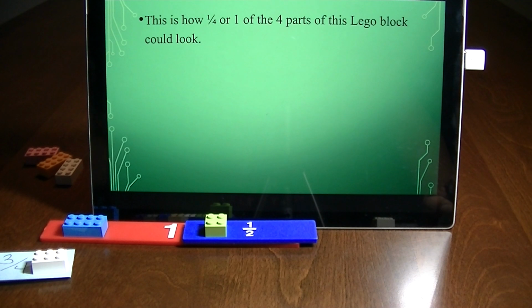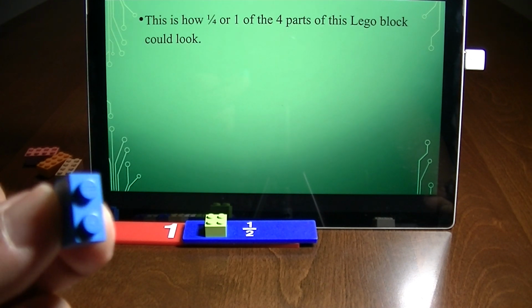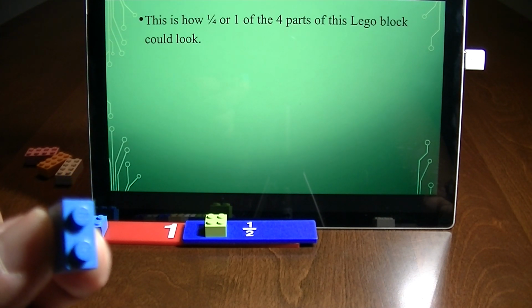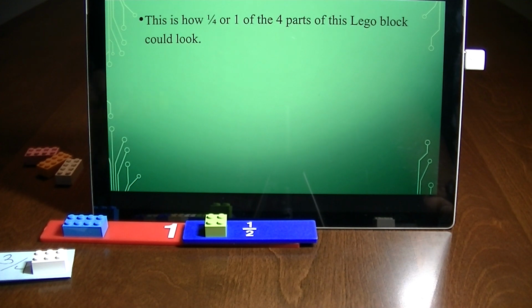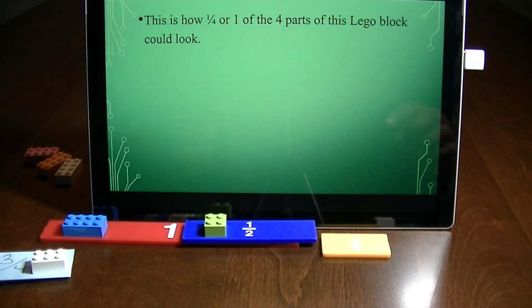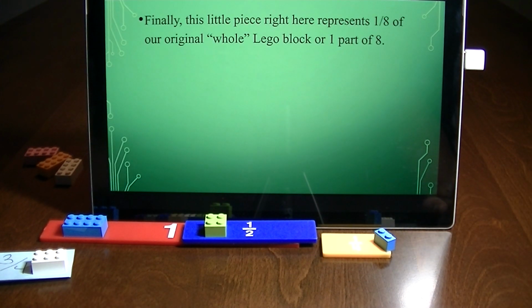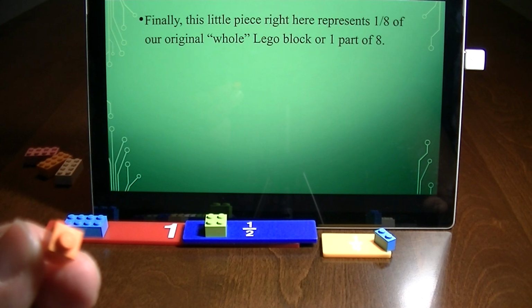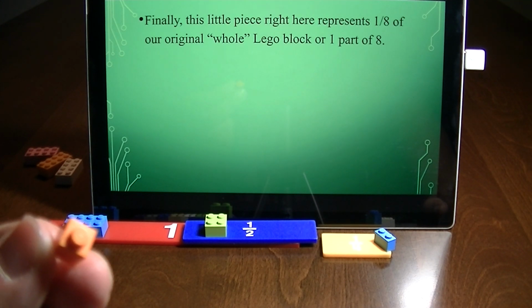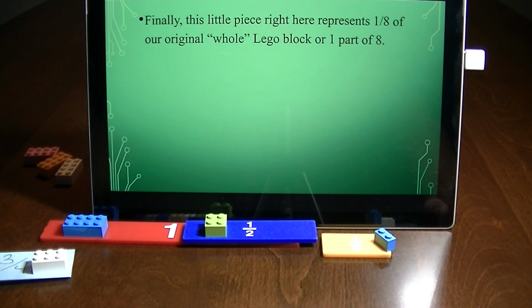This is how 1/4, or 1 of the 4 parts of this Lego block, could look. Finally, this little piece right here represents 1/8 of the original whole Lego block, or 1 part of 8.